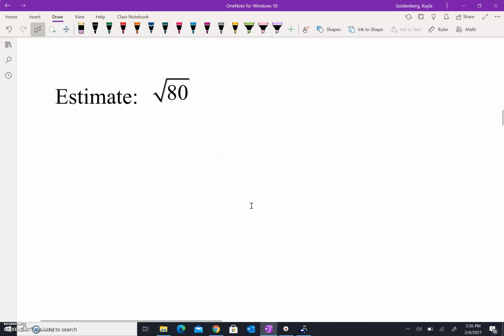And then this one is the square root of 80, and we're asked to estimate it. So let's think through what square numbers we know, because that one doesn't look like it's going to be super clean. Like I know 1 squared, 2 squared. Sometimes I find making a list of all of the perfect squares helps.